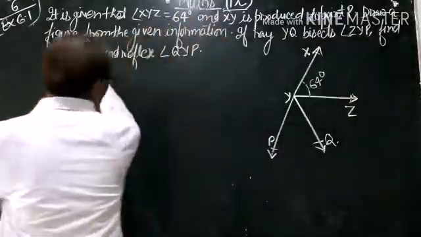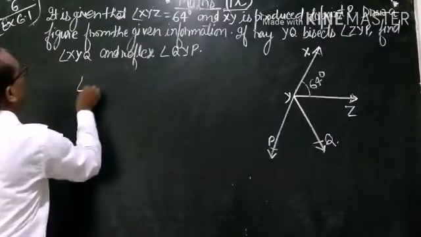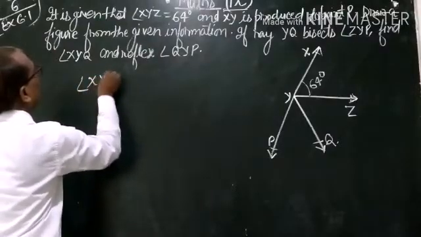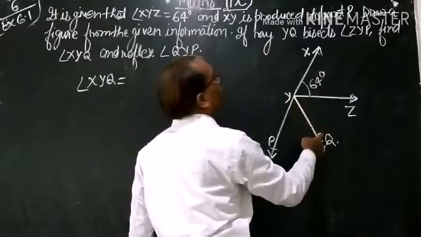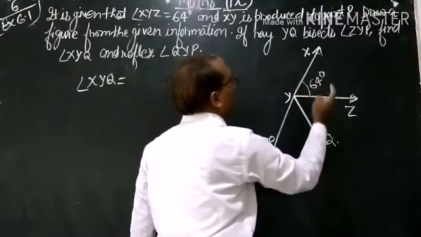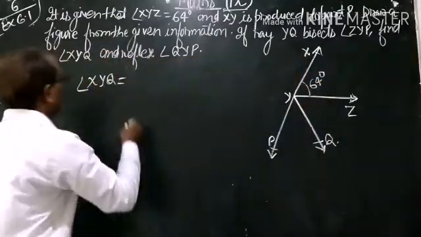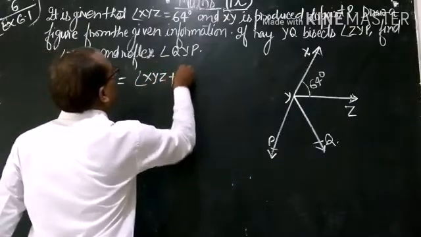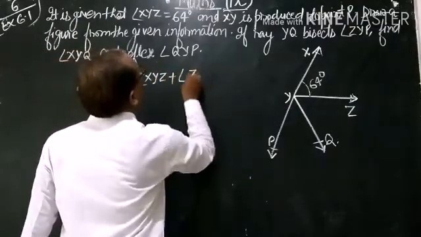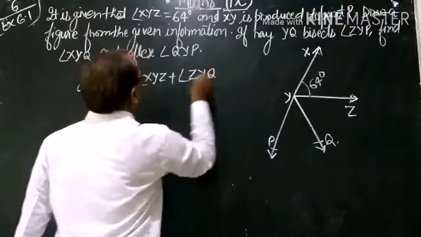Angle XYQ is equal to angle XYZ plus angle ZYQ.